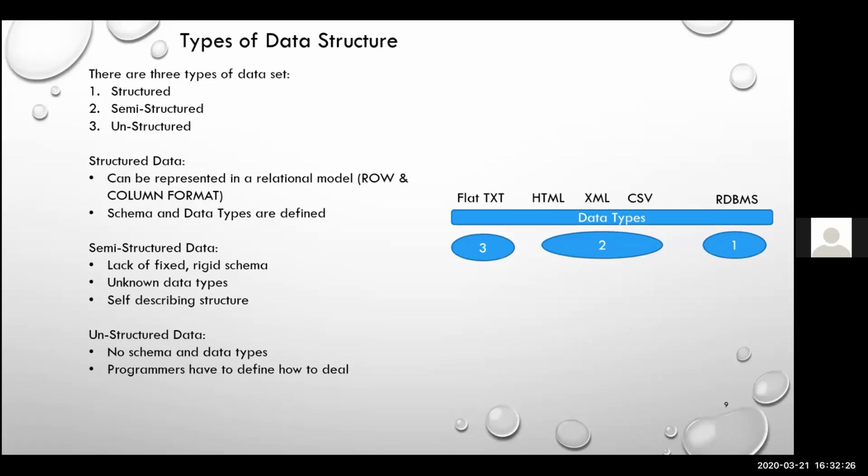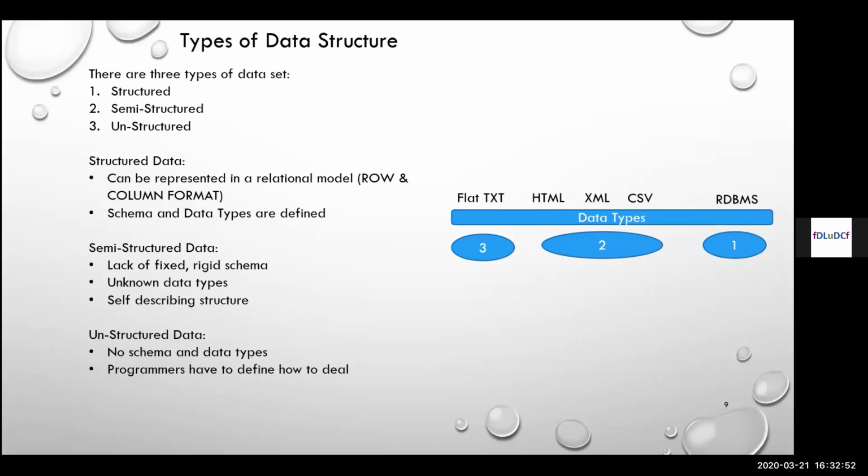In general, there are 3 types of data structure, and when we were students, we used to deal mostly with structured data sets, in the applications we developed. So there are structured, semi-structured, and unstructured data sets.